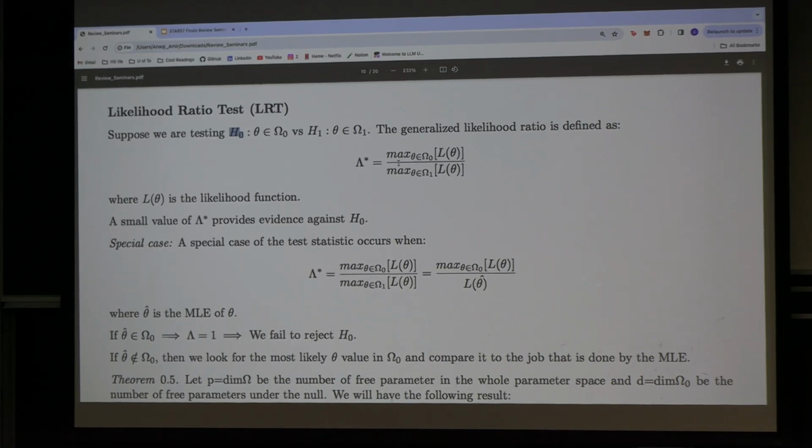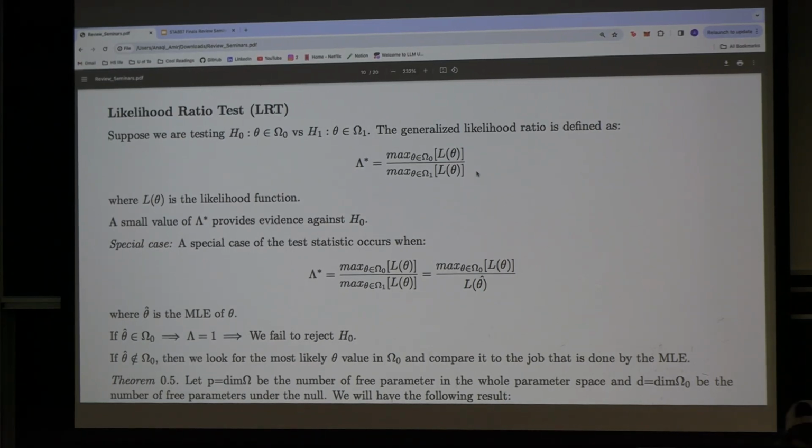Why? Well, that means the max over some other region is much, much larger. So the probability that it's in omega 1 is much larger than the probability that it's in omega naught, which is your null hypothesis. So if your lambda star is tiny, you would choose to reject your null hypothesis.